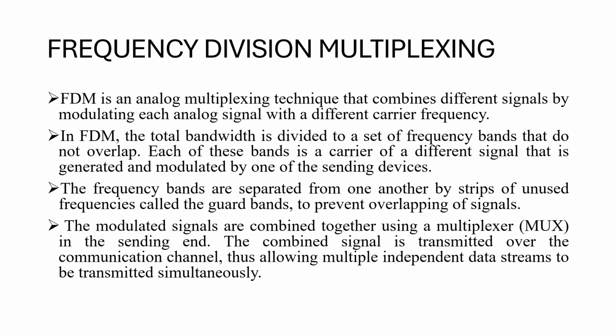The purpose of the guard bands is to avoid overlapping of the adjacent signals. Next, the modulated signals are combined together using a multiplexer at the sending end. The combined signal is transmitted over the communication channel, which allows multiple independent data streams to be transmitted simultaneously.